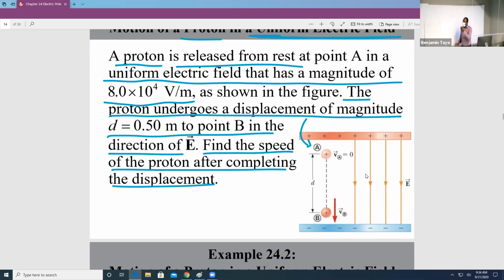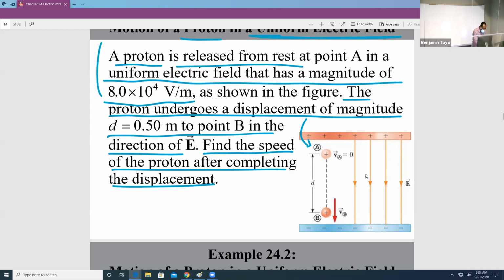Now, if I were to solve this problem, each time you have a problem like this, you want to think about it in terms of the physics of the problem, right? So, just looking at this problem here, we have an electric field.